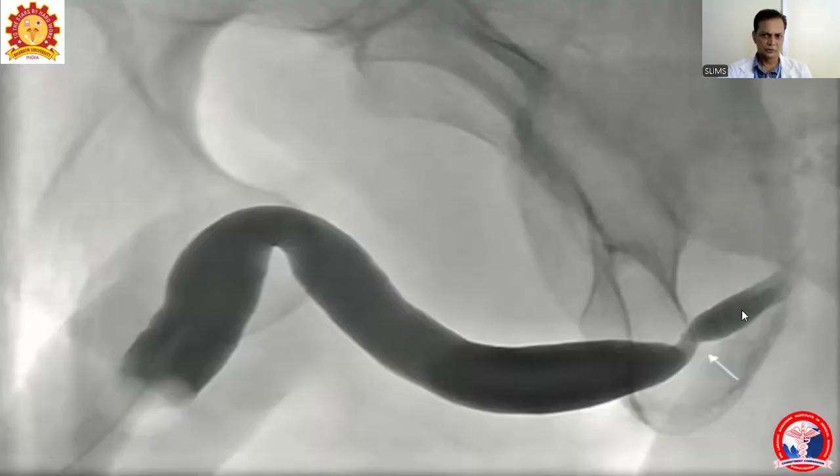This is the image of a stricture of the urethra. This is again a retrograde urethrogram. Here we are seeing the membranous urethra, which is thin, almost negligibly seen. Then the bulbar urethra, and anterior to the bulbar urethra, we are getting to see a stricture.